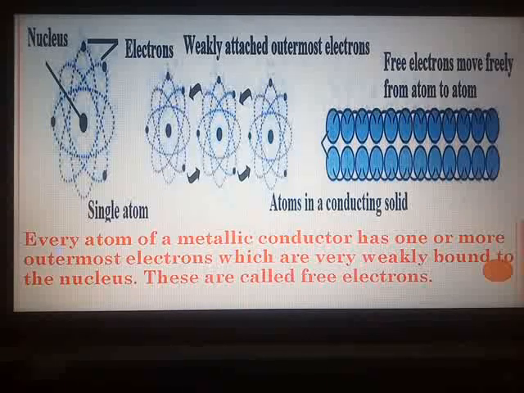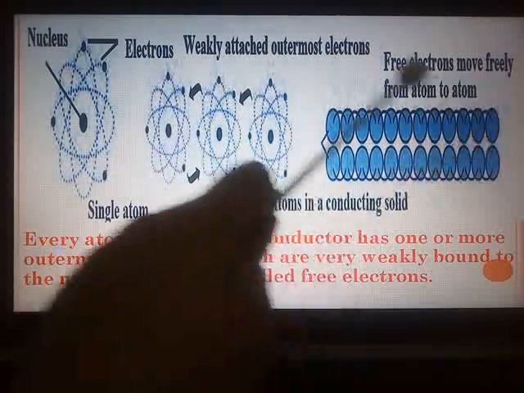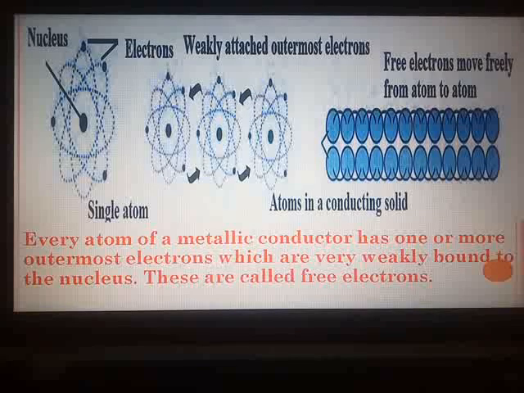As you can see here in this figure, the electrons can easily move from one part of the conductor to the other parts, and the negative charge of the electrons also gets transferred as a result of this motion.